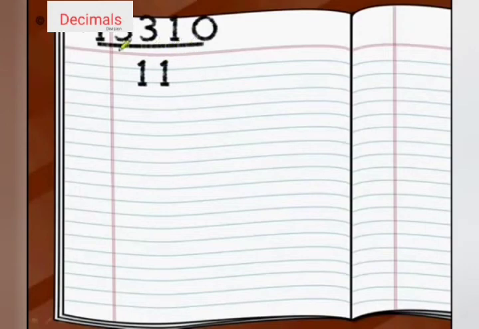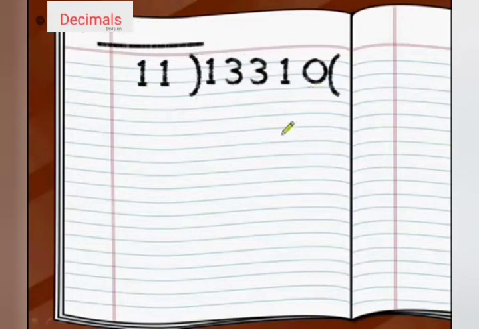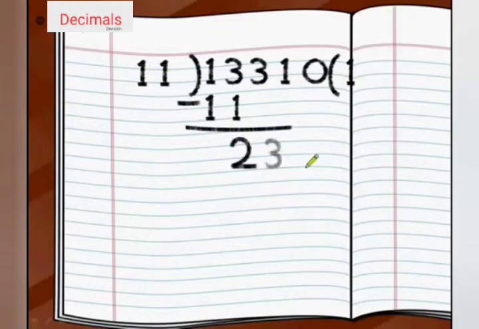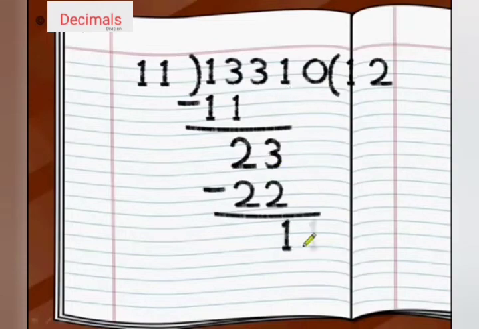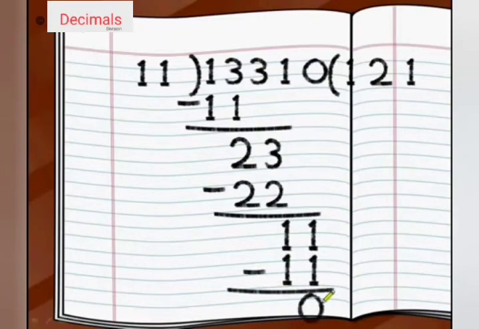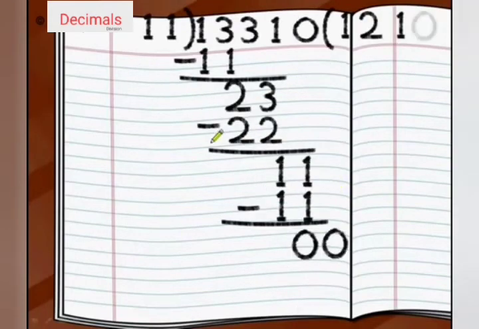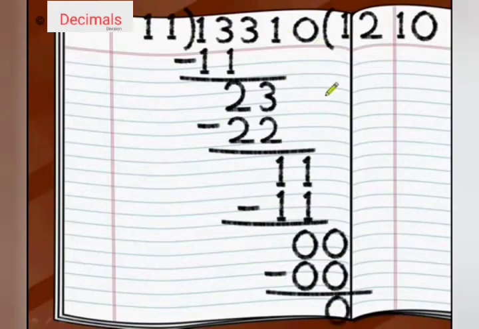In step 2 we can treat it as a whole number, and then we can easily divide by the denominator. If you divide it, 1 times will be 11, then 23, 2 times 11 will give 22, then 11, 1 times 11, and then we will add 0. I know these are very easy steps for you, as you already know how to divide two numbers.